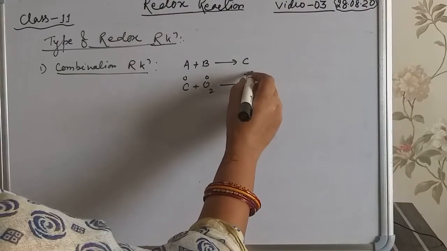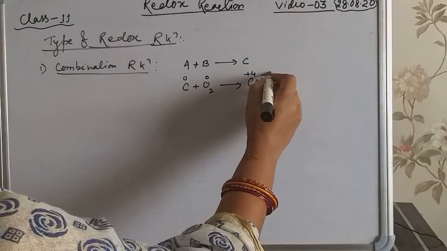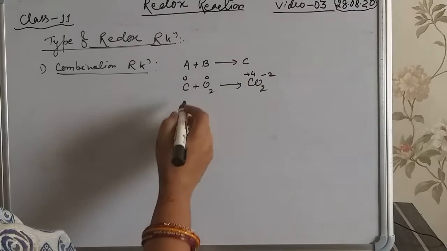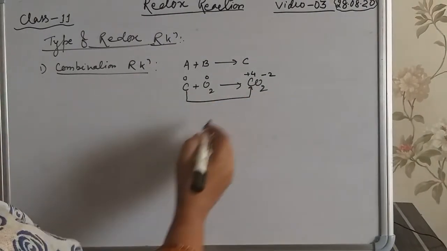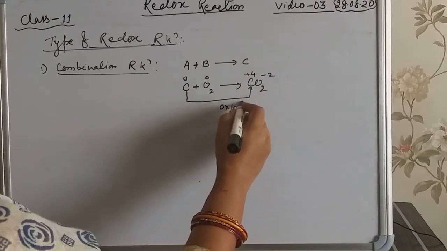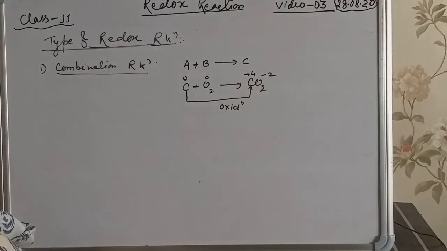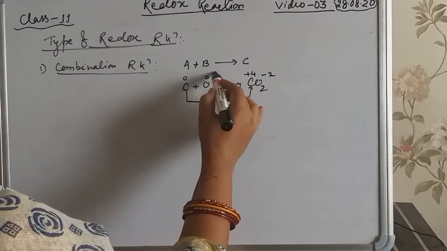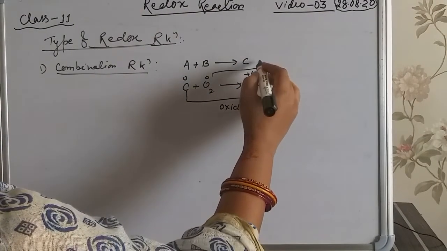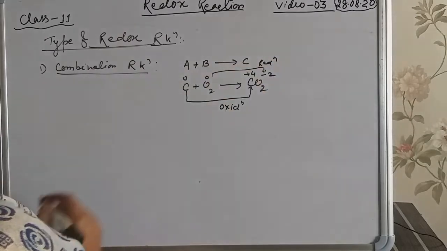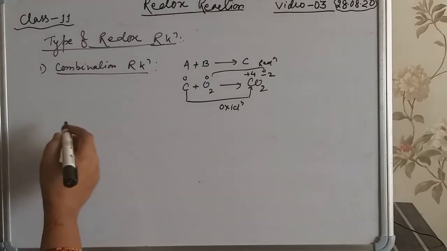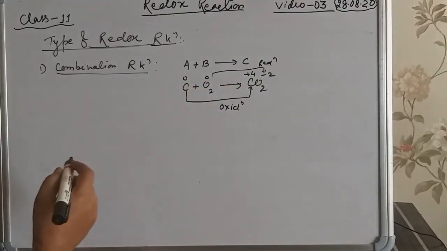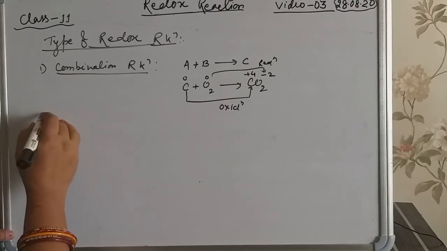In the product, carbon is in plus 4 oxidation state and oxygen is in minus 2 oxidation state. So it goes from 0 to 4, the oxidation process, because the oxidation number is increasing, and 0 to minus 2 is reduction. In this way you can find the oxidized species and reduced species by knowing the oxidation number present on the particular species.